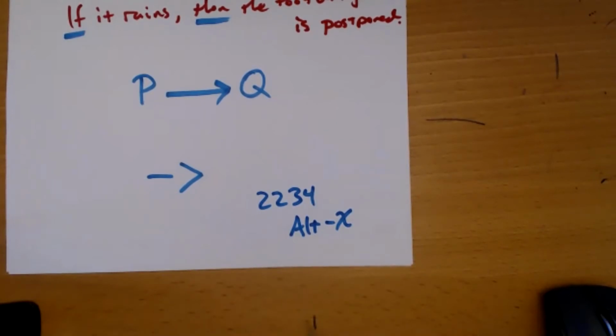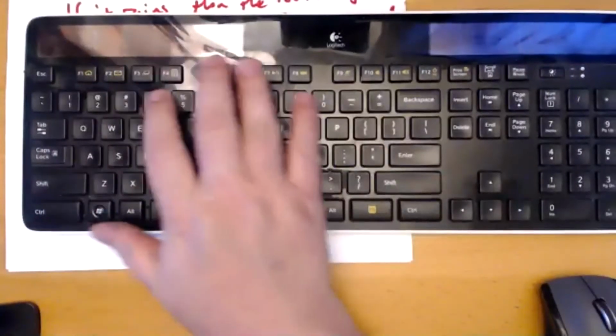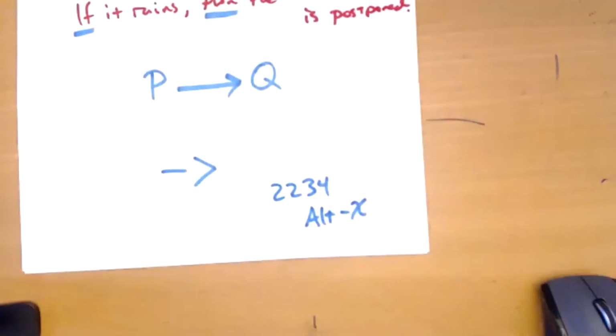You mean the X letter? The X key. So you would just type 2, 2, 3, 4, and then Alt X, and there it is. It pops up.